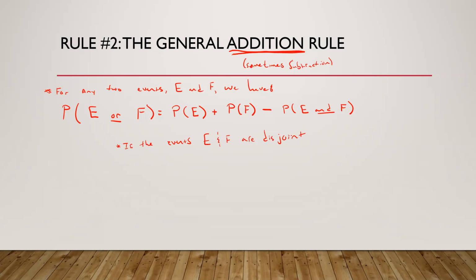What that means when I say events are mutually exclusive, it means they cannot happen at the same time, okay? So if the events E and F are disjoint, cannot happen at the same time, can anybody tell me what they think then the probability that both E and F occur is equal to? If they can't happen at the same time, what do you think the probability they both happen is then?